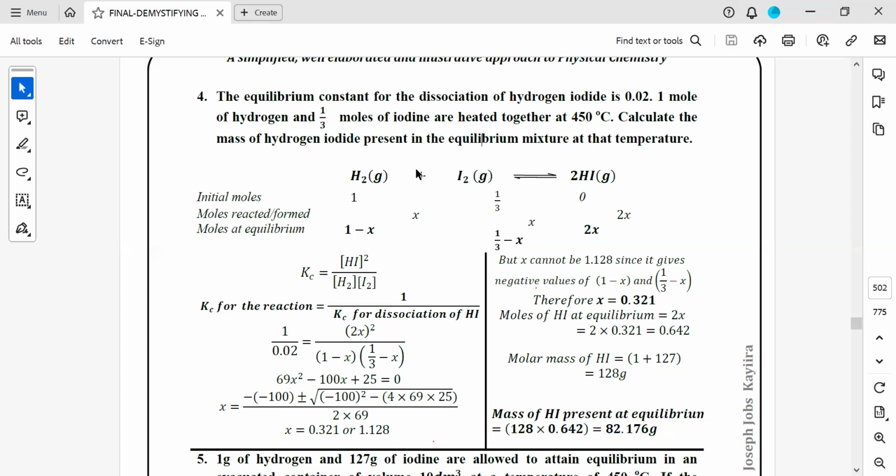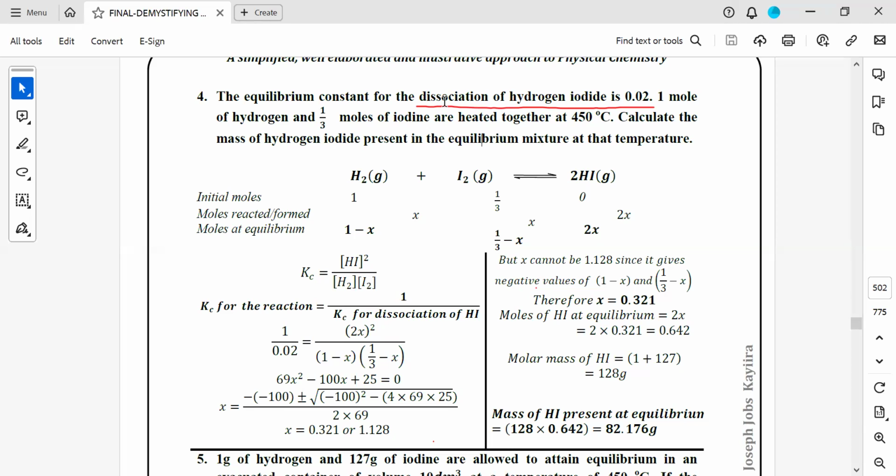But of course, something you need to note is they've given us the equilibrium constant for dissociation, which is 0.02.